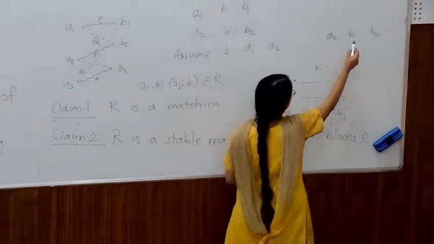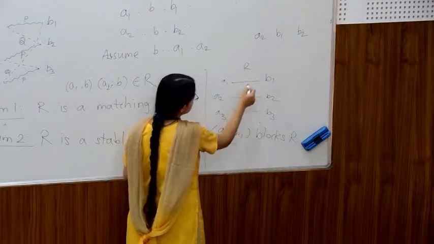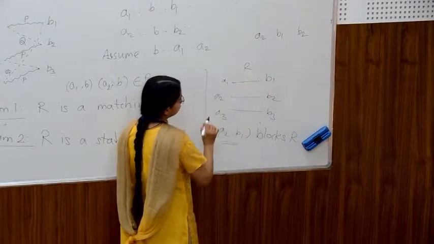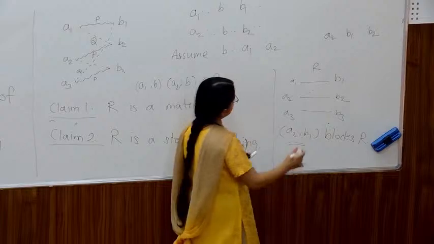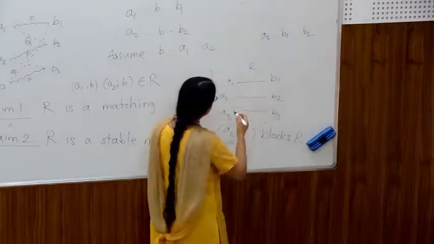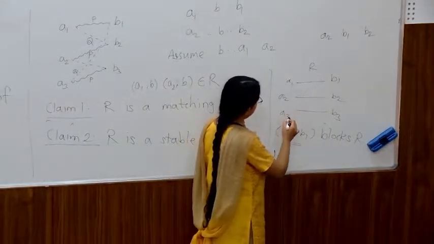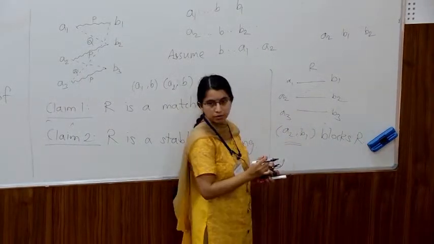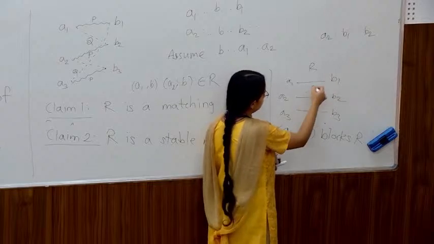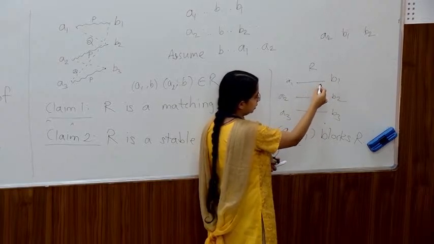So A2 has a preference like this because this is a blocking pair. A2 must prefer B1 over B2. But then how did we give B2 to A2? Yes, so this must not be A2's partner in either P or Q, right?